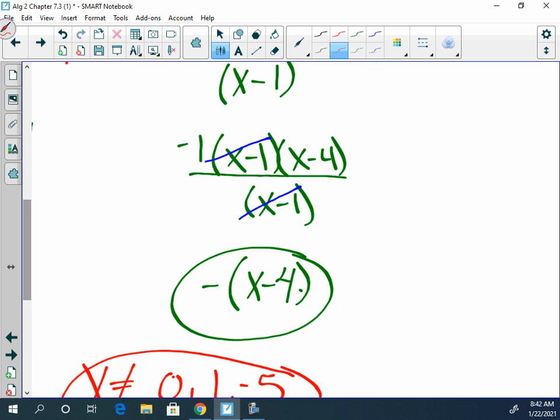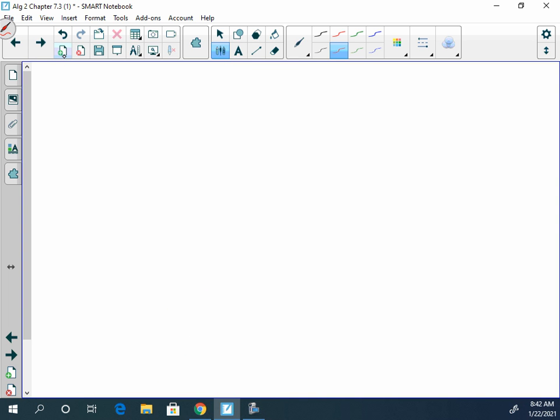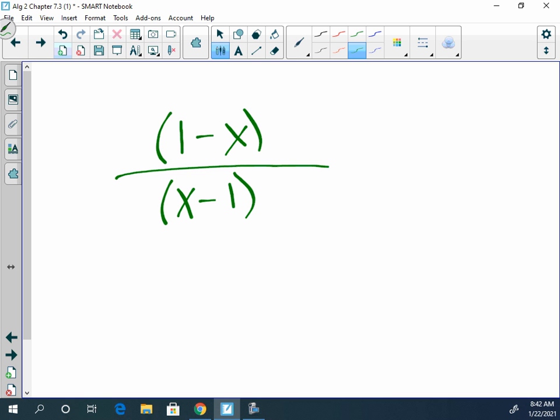Okay. Now my other point that I wanted to make. When we're looking at this here, we saw that we could pull a negative out of the top to make these the same, yes? Can I pull a negative out of the top to make these be the same? So let's see what happens.